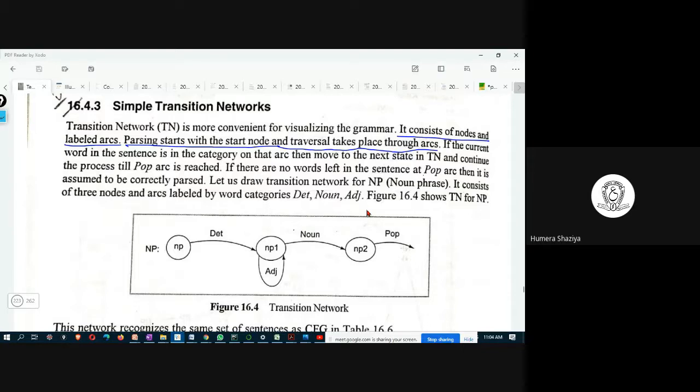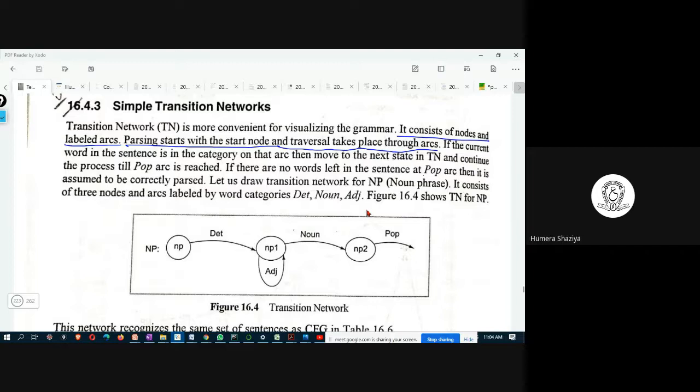There are three adjectives. If it encounters three adjectives, it stays in this node and accepts all three adjectives. And when it finds a noun after the adjective, it moves from this NP1 node to the NP2 node.